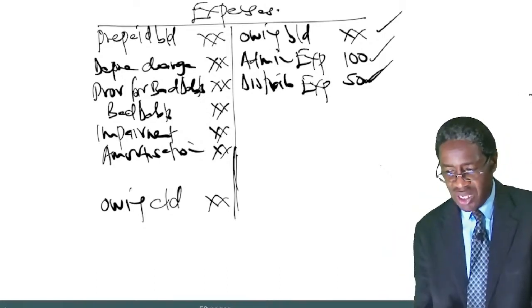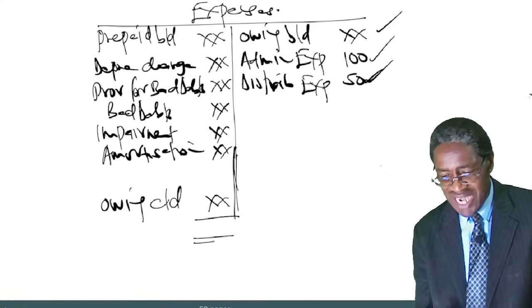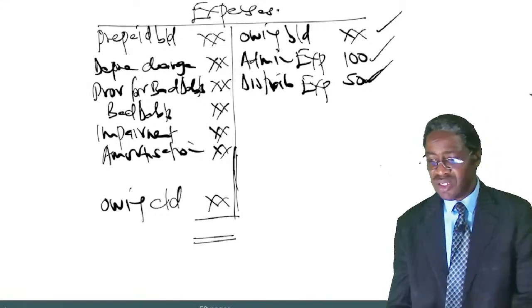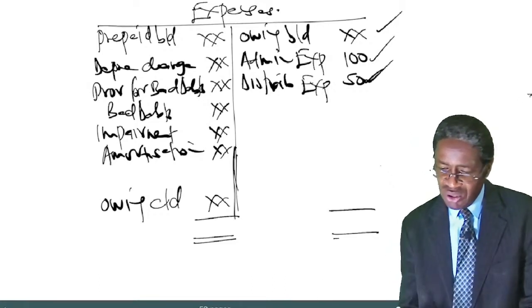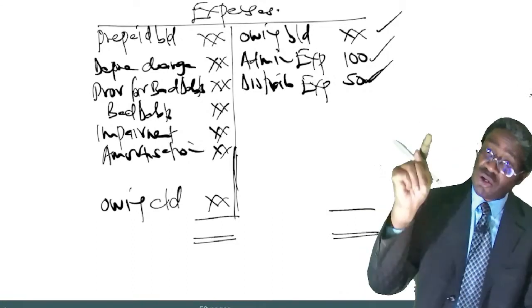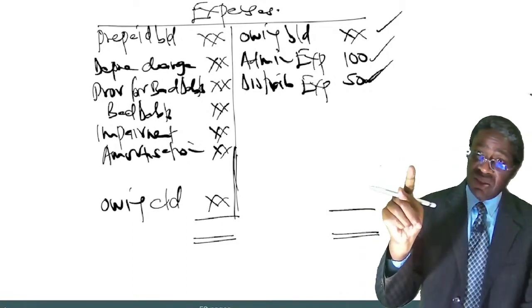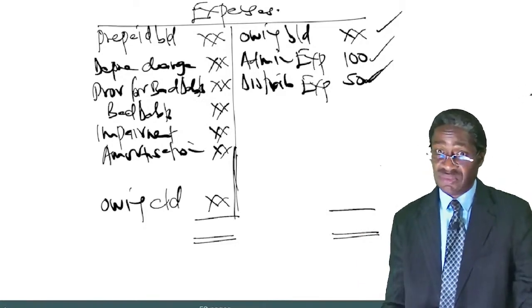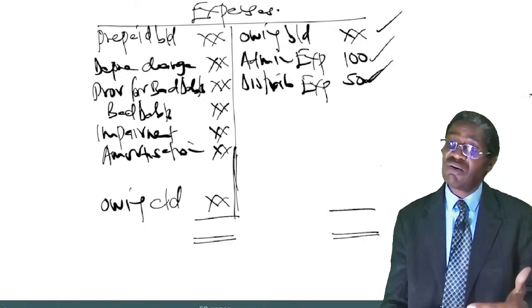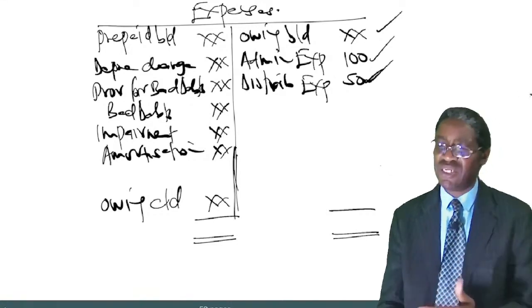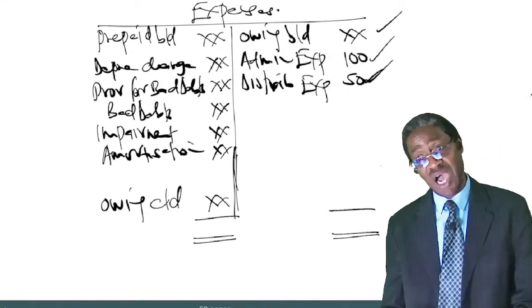So that's why we always first carry it down on the opposite side, so that you will bring it down on the credit side to appear as a liability. Just like you brought down the opening one on the credit side. Why? Because it was carried down last year. But for the closing one now, before you bring it down on the credit side to appear as a liability, you must first carry down.